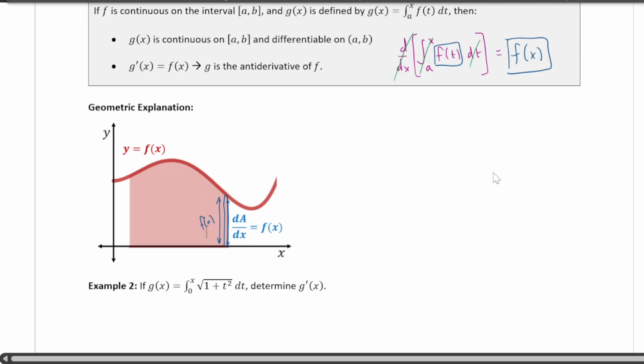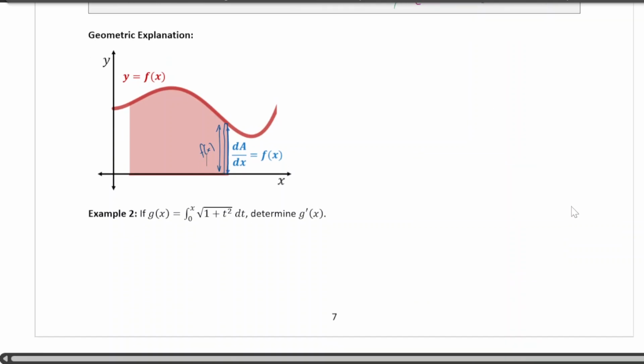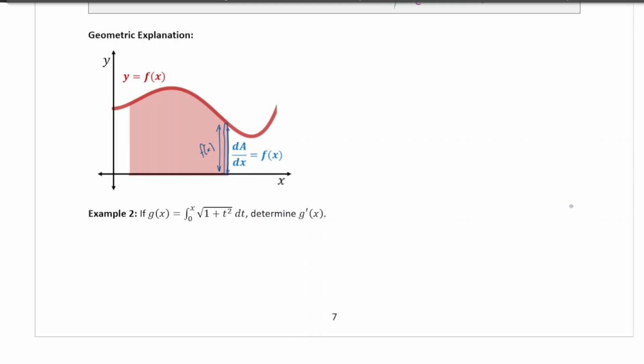Okay, let's just see it in action here. If you have this function g defined by the integral from 0 to x of 1 plus t squared dt, then determine the derivative of g. Another way to write that in different notation is to find d by dx of this integral.